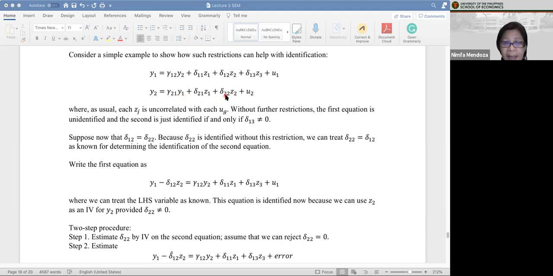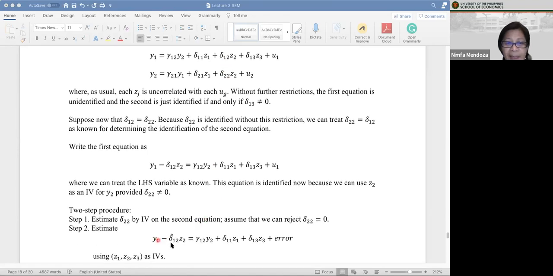Then you get an estimate for delta sub 2,2. But that estimate would also be the estimate for delta sub 1,2. So you can form on the left-hand side for the first equation this dependent variable.